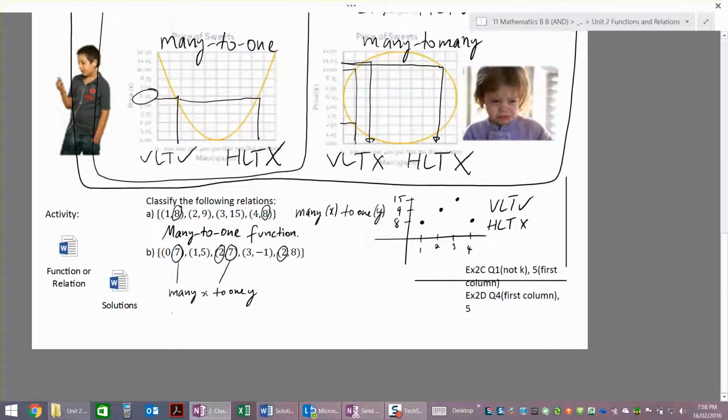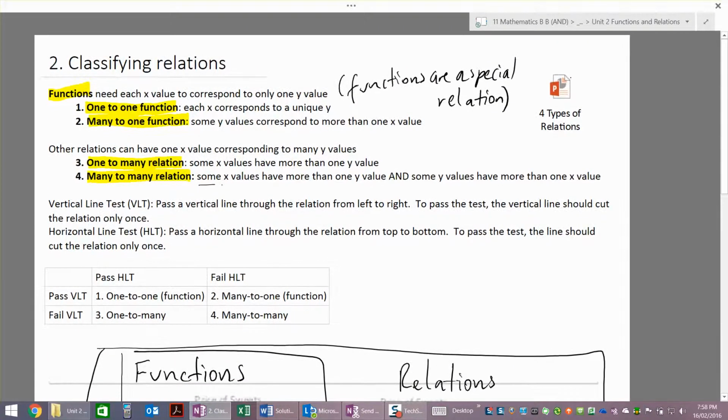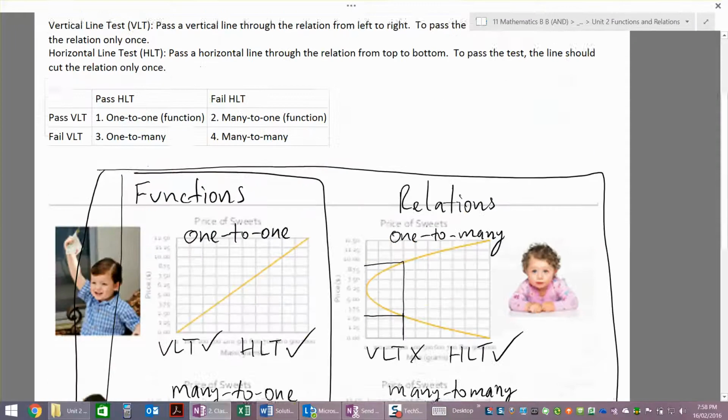But I also have many y values to one x value because of these two 2s. So essentially what's happened here is we have a many to many relation. If we look back at the definition, some x values have more than one y value and some y values have more than one x value.